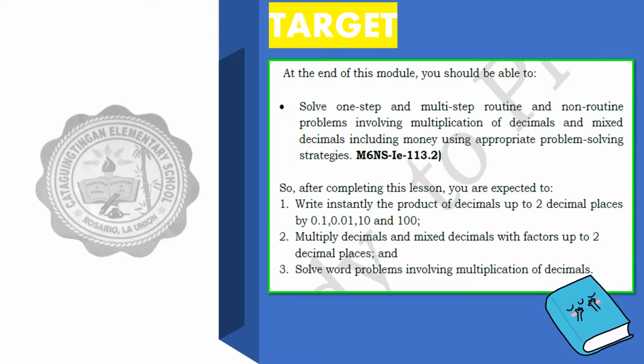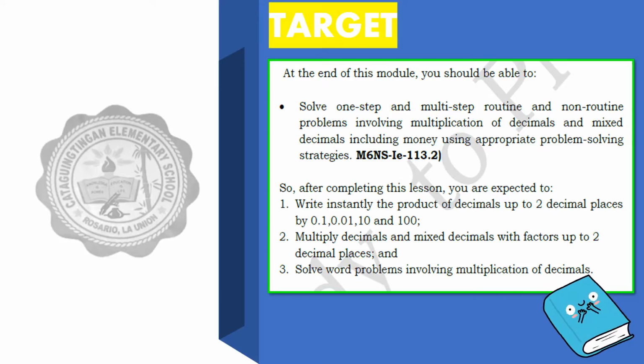Target. At the end of this module, you should be able to solve one-step and multi-step routine and non-routine problems involving multiplication of decimals and mixed decimals, including money, using appropriate problem-solving strategies.